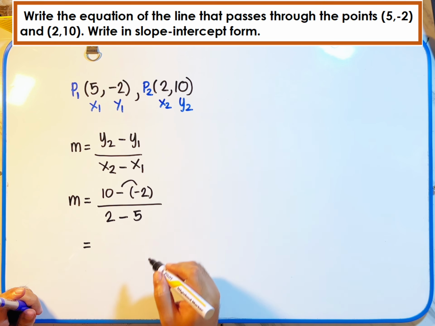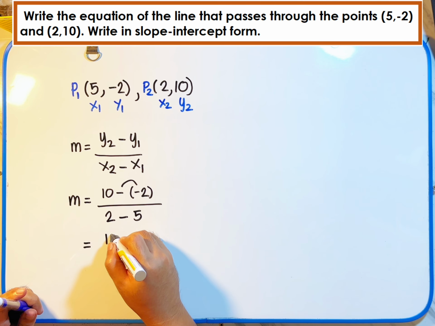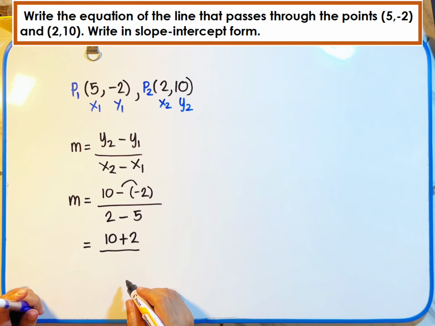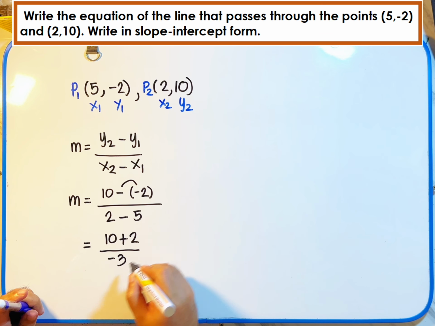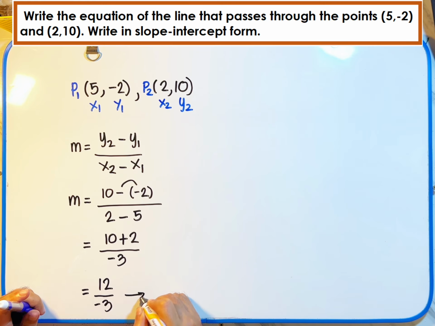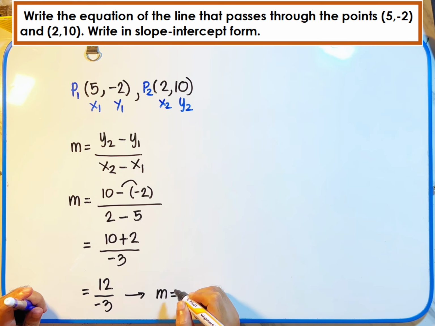So negative times negative becomes positive. So we have 10 plus 2 over 2 minus 5, which is negative 3. 10 plus 2 is 12. So 12 divided by negative 3. Therefore, the slope of this line is 12 divided by negative 3, which is negative 4.